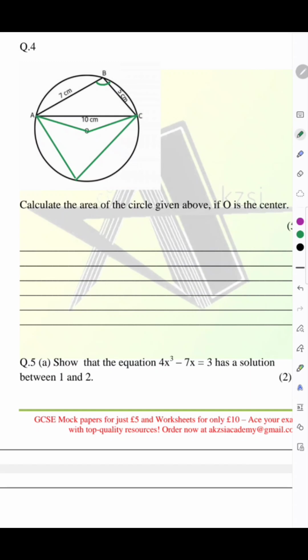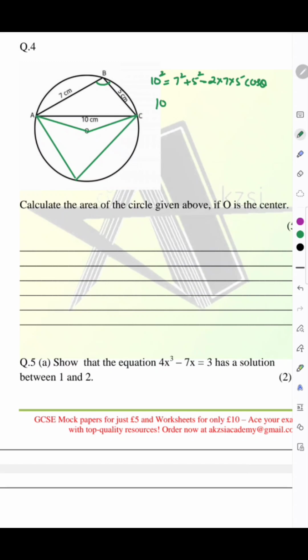Because we have to calculate angle B, we'll start with the side which is opposite angle B, that is 10. So 10 squared is equal to 7 squared plus 5 squared minus 2 times 7 times 5 times cos theta.